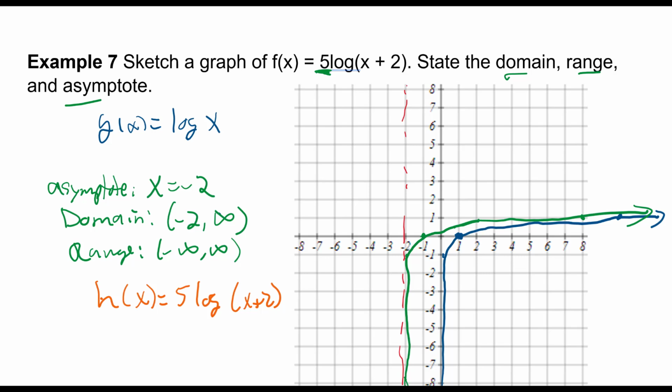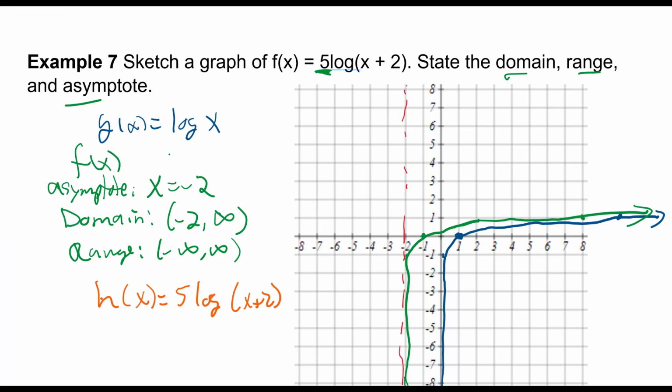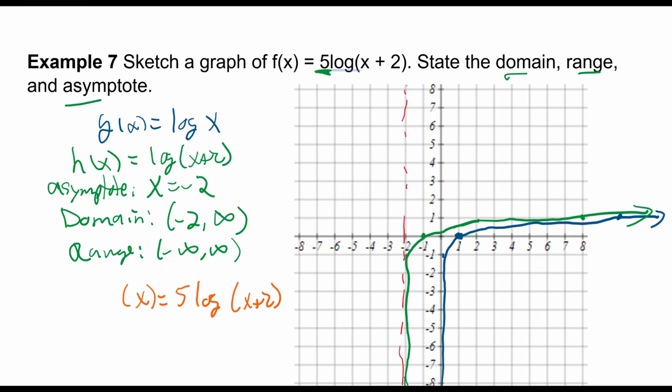We're going to be bringing these points up. 5 times 0 is 0. 5 times 1 is going to be 5.